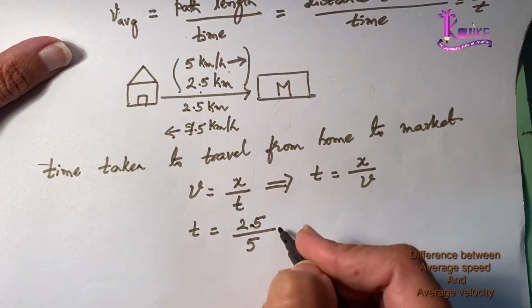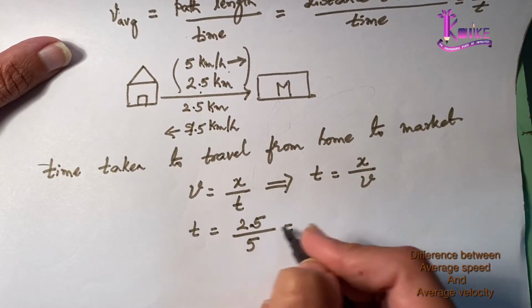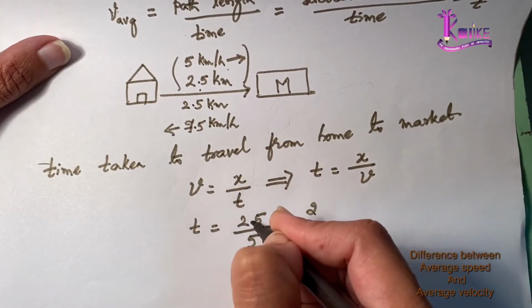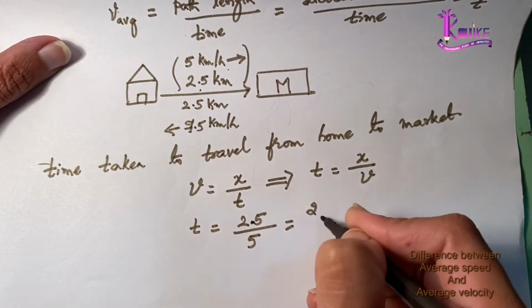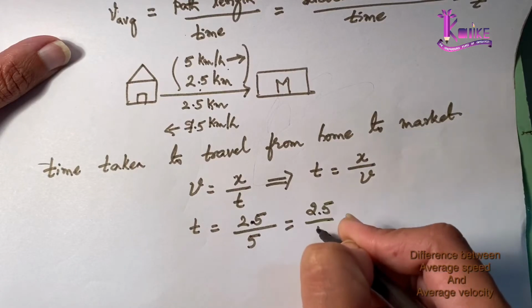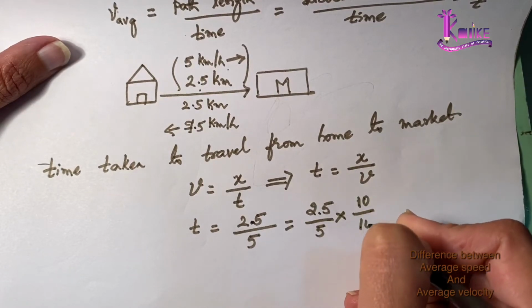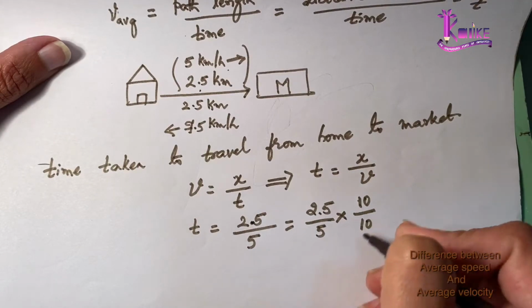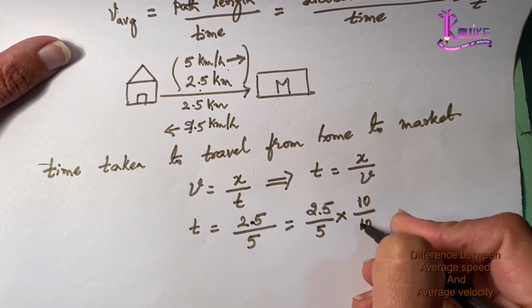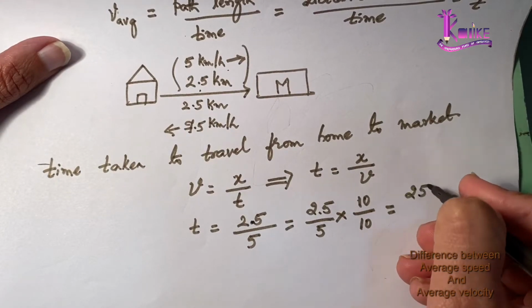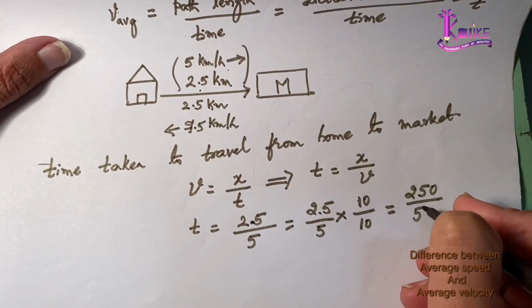So this is 2.5 by 5, and since you have a decimal in the numerator, after a single digit, I multiply the numerator and the denominator by 10. That doesn't change the value because 10 by 10 is 1. Now this will be 250 divided by 50.